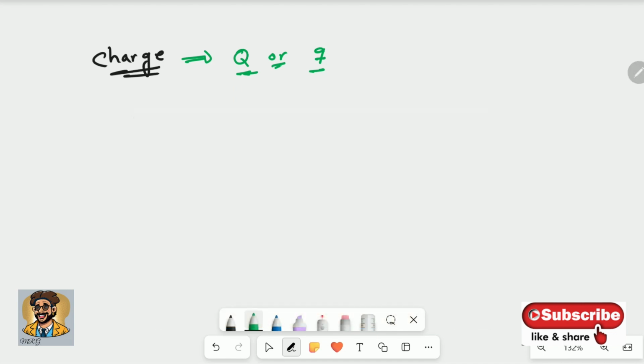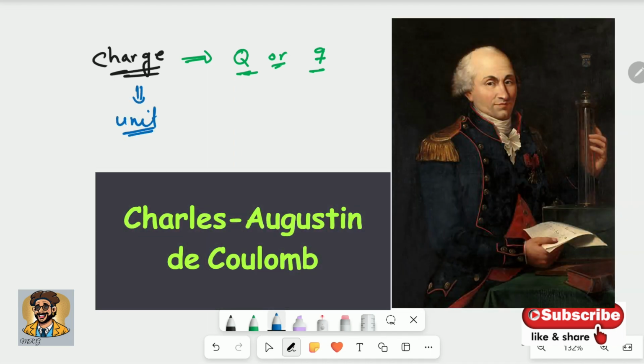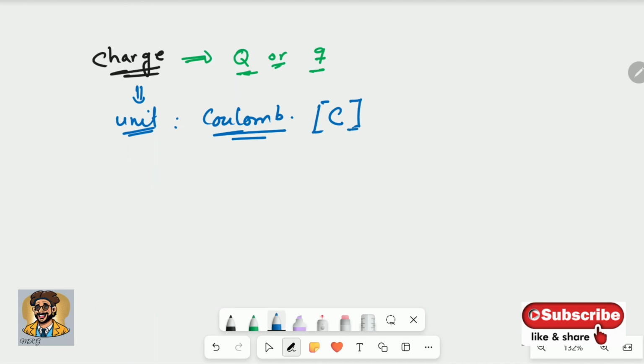Okay, now what is the unit in which charge is expressed? The international unit is the coulomb, and the symbol for coulomb is capital C. Now in the book you will find most of the questions that they give you in nanocoulombs. How do you convert?